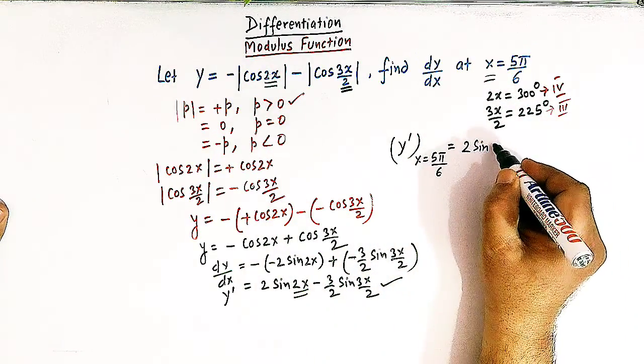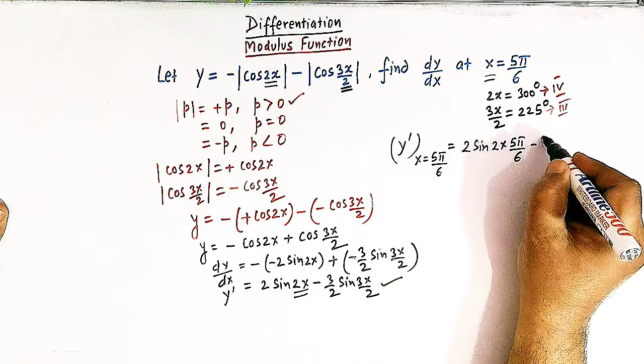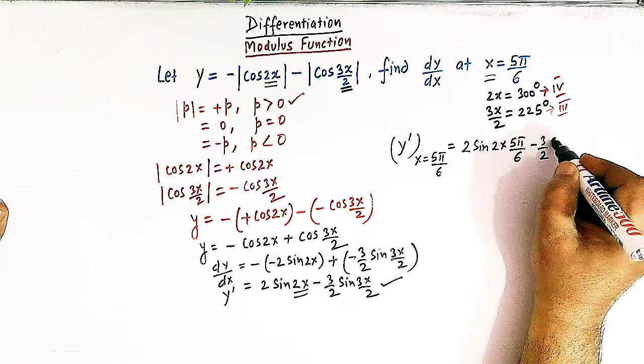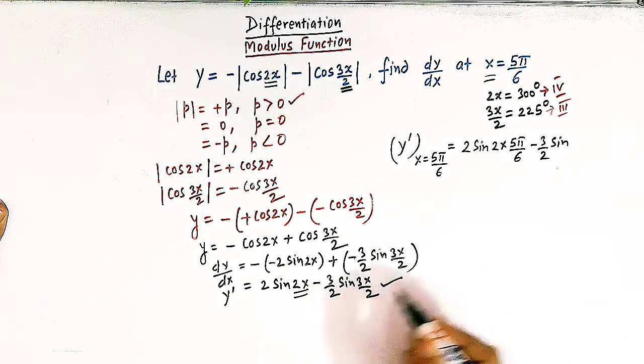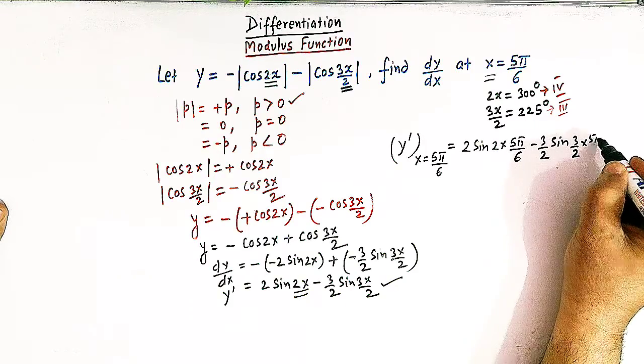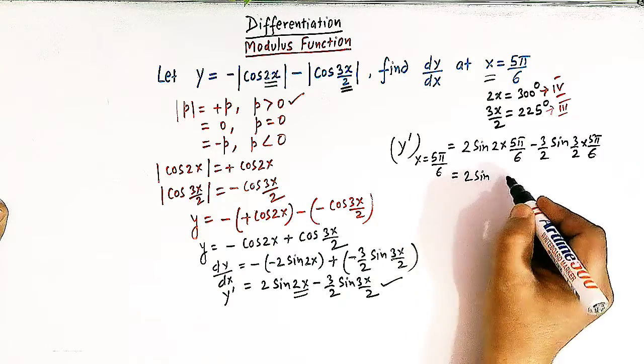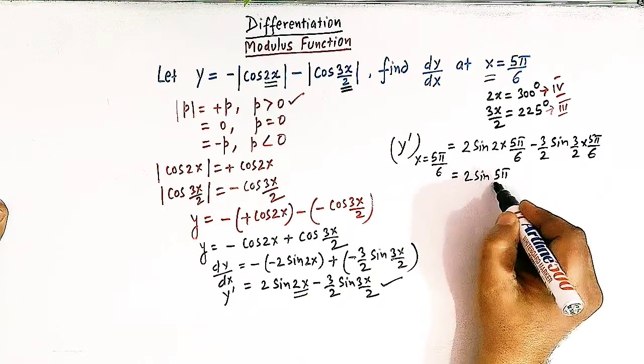So 2x is 2 times 5 pi by 6, and then we have minus 3 by 2 sine 3x over 2. So we have 3 by 2 times 5 pi by 6. So this is 2 sine, that is 5 pi by 3.